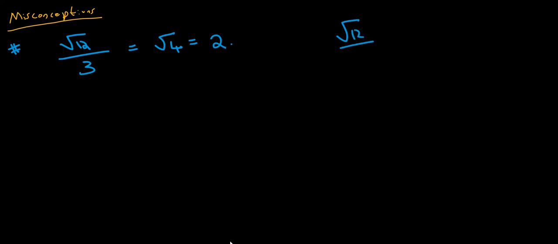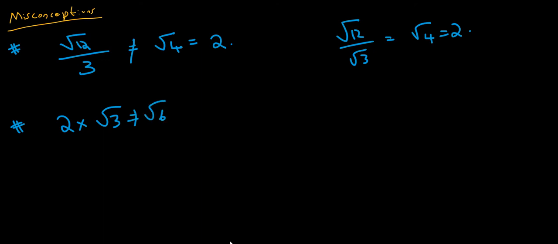So the square root of 12 divided by the square root of 3 is the square root of 4, which is 2. But you can't do that here because the denominator is not a square root. The same goes for the product here. That is not equal to the square root of 6. That is simply equal to 2 root 3.